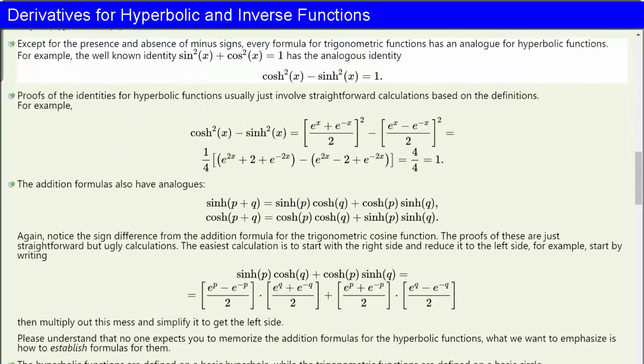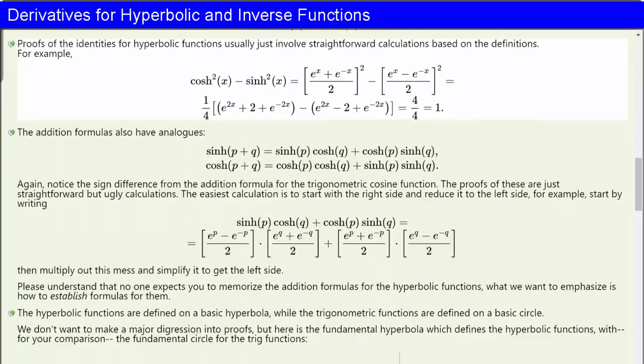Except for the presence and absence of minus signs, every formula for trigonometric functions has an analog for hyperbolic functions. For example, the well-known identity sine squared plus cos squared equals 1 has the analogous identity cosh squared minus sinh squared equals 1.